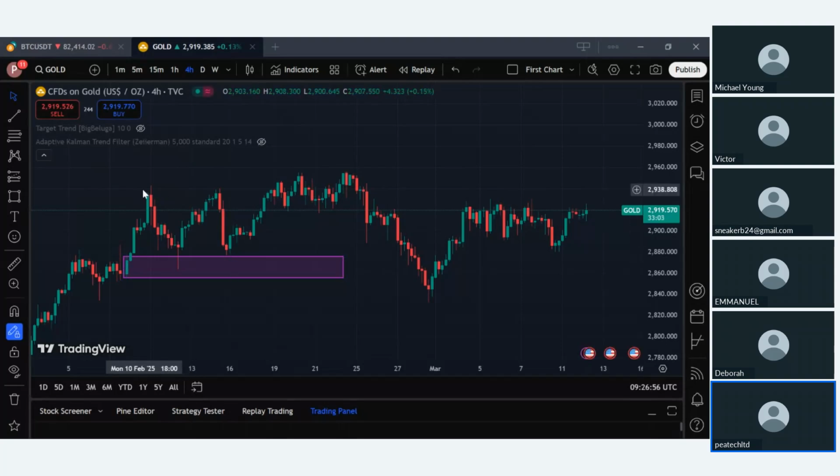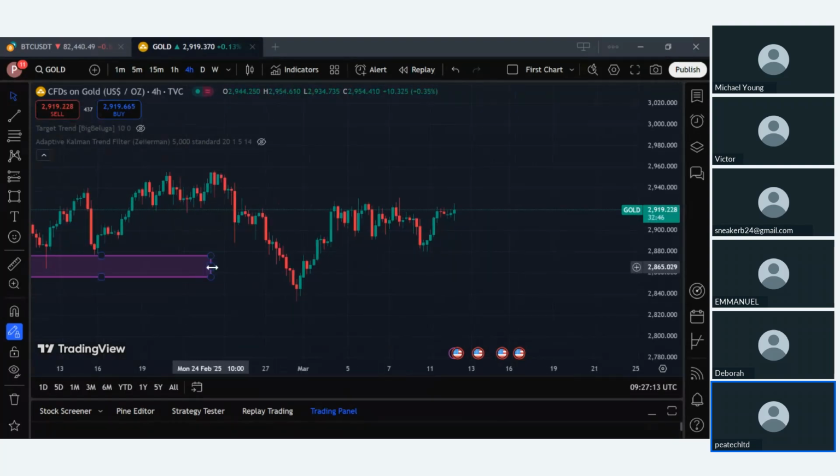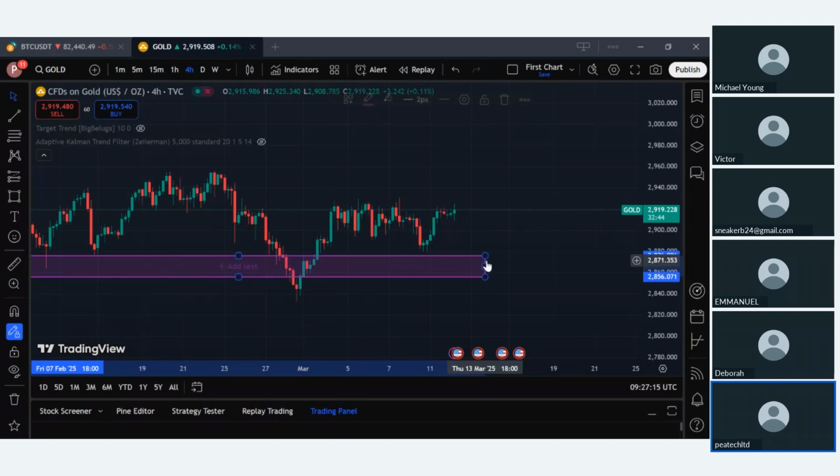You can see that the market came down to that same point, it touched it very well. The market also returned to that same zone and went again, took out all the other entries, and then it came down again, and this time broke above it a bit.